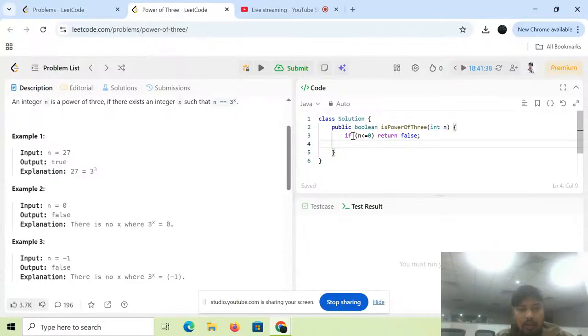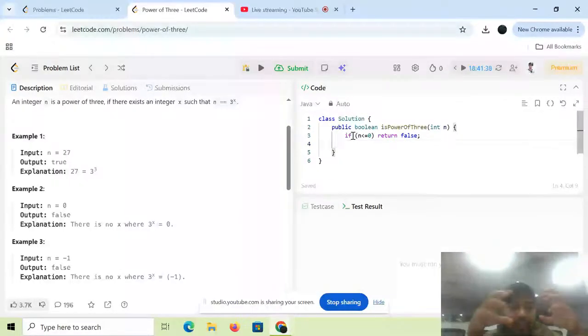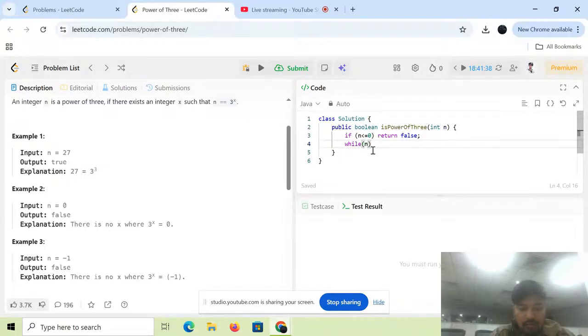false. And in the other condition, I'll try to keep dividing n by 3 as long as it is divisible. So while n modulo 3 equal to 0, what I'll do is n equal to n divided by 3.